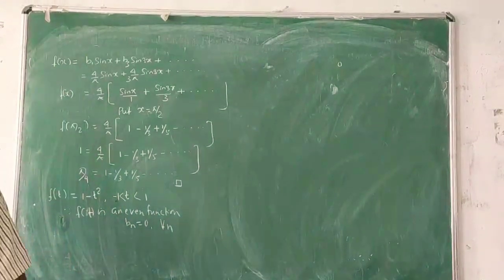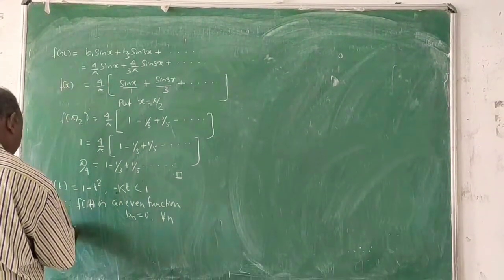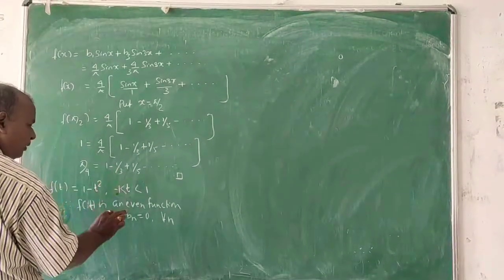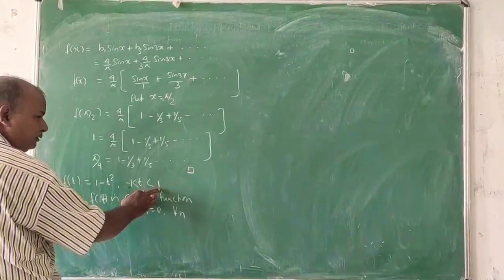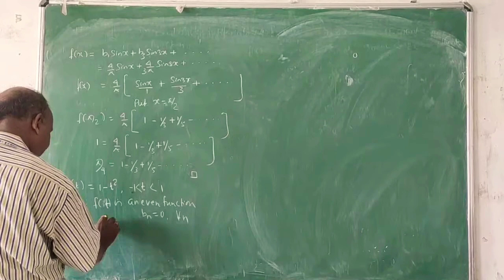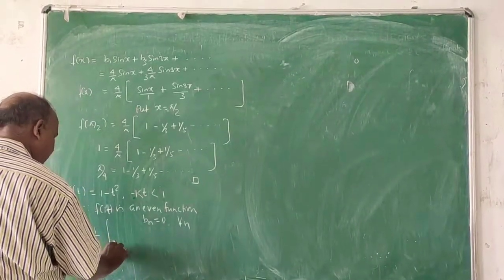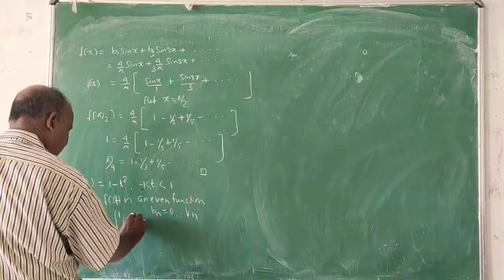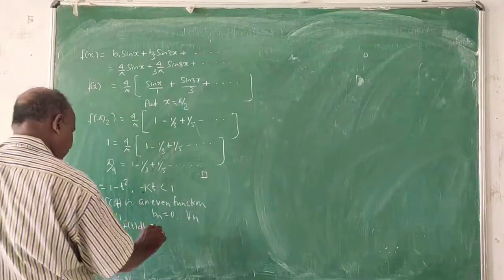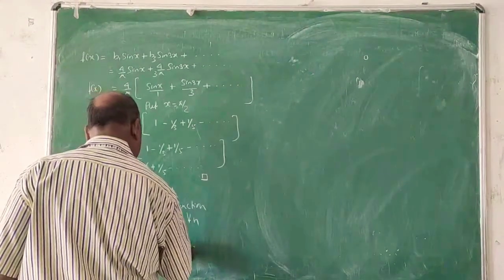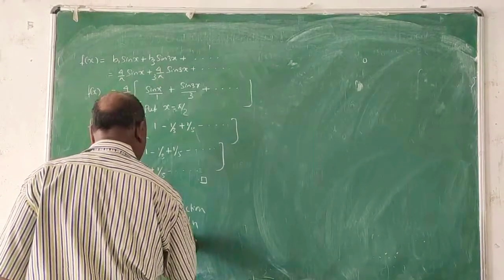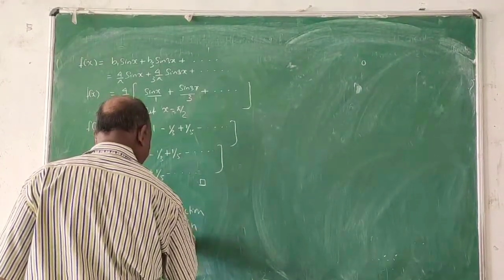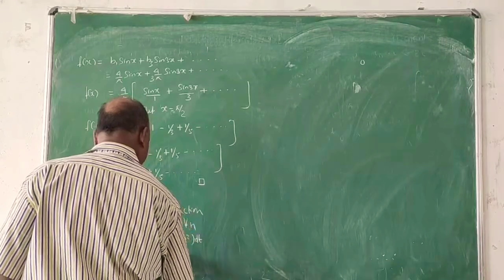So the only thing you have to compute is a naught, which is 1 by c, where c is 1 here, into the integration from minus c to plus c of f of t into dt. So this becomes the integral from minus 1 to plus 1 of 1 minus t square into dt.